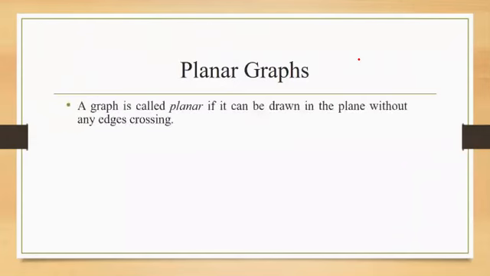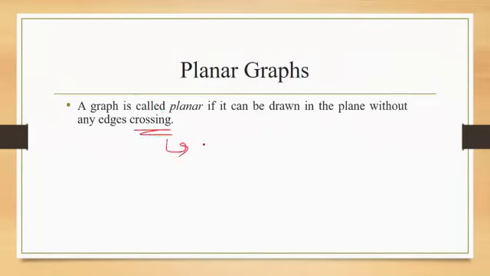Before looking into the solution of that problem, we will see the definition of the planar graph. A graph is called planar if it can be drawn in the plane without any edges crossing. What do we mean by crossing?